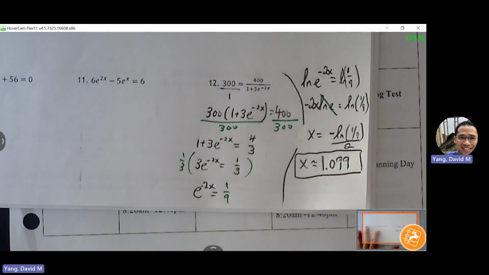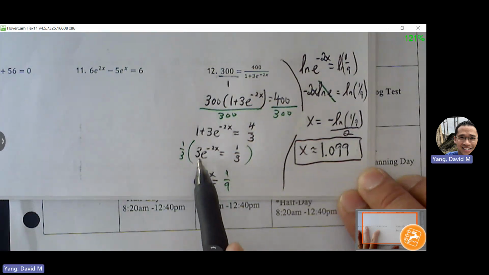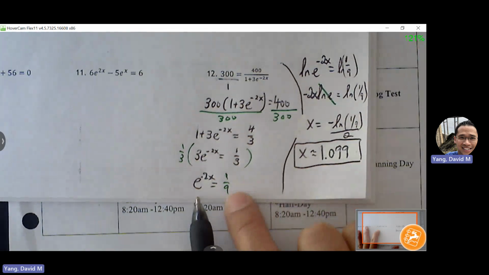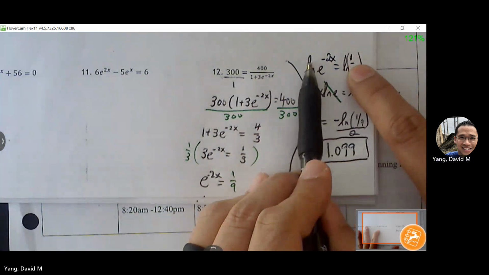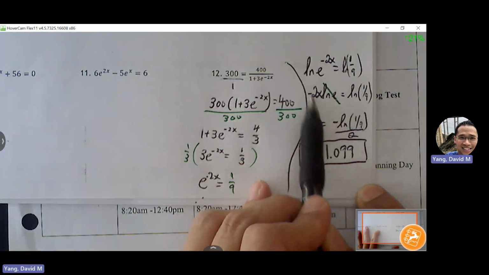Let's see, I messed up this. What I did was I divided both sides by 3, which is the same thing as multiplying by 1/3, so I got that 1/9 here. Then I take the natural log of both sides. That -2x comes down, and I divide by -2.